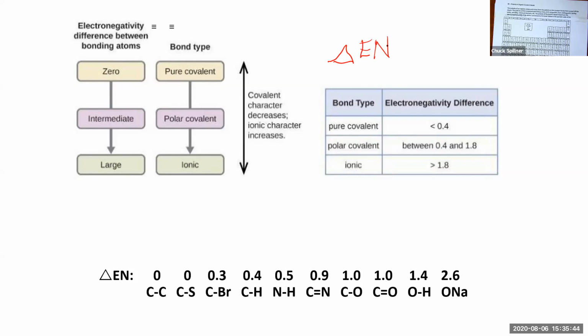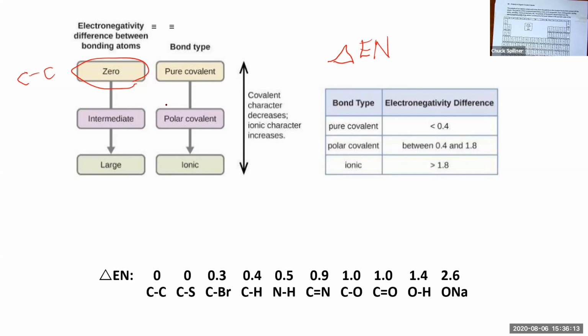So you can have an electronegativity difference equal to 0. And an electronegativity difference of 0 comes from a carbon-carbon bond. So you subtract the electronegativities of one carbon from the other and you get 0, okay? That's called a pure covalent bond. If the electronegativity difference is not 0, then you've got a covalent bond. And we have different covalent bonds.